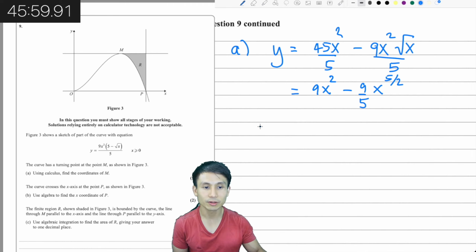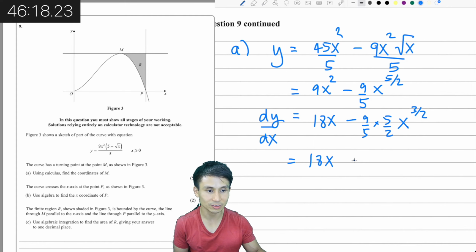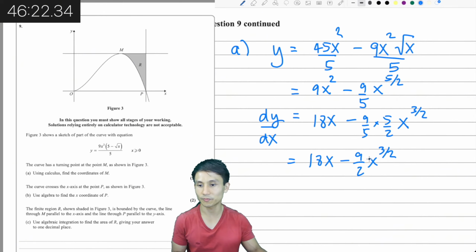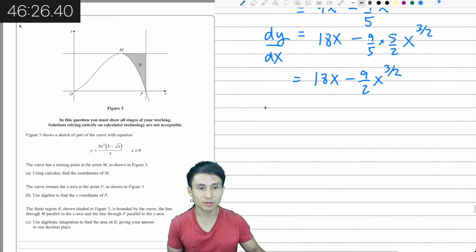All right. So dy by dx here should be, bringing the power down, 18x. And this is 9 over 5 times 5 over 2, x to the power of 3 over 2. Just subtract that by 1. So that is equal to 18x, this cancels, 9 over 2, x to the power of 3 over 2. We want to find M, so we equate this to 0.